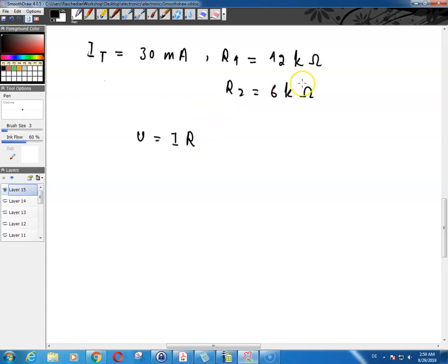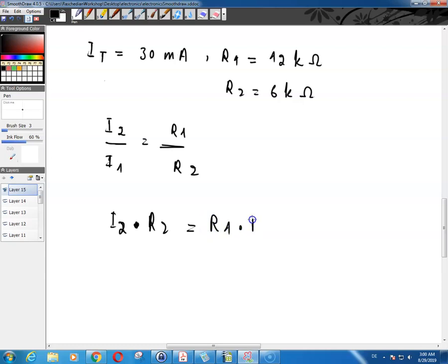So you don't really need to do any sort of conversion over here, and the reason is that we said that I2 to I1 is equal to R1 to R2. Now if you cross multiply, you'll get I2 times R2 is equal to R1 times I1.